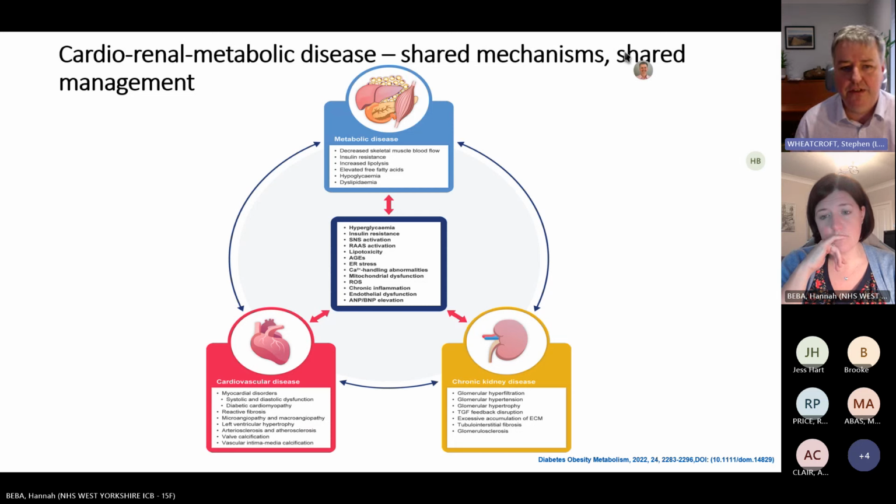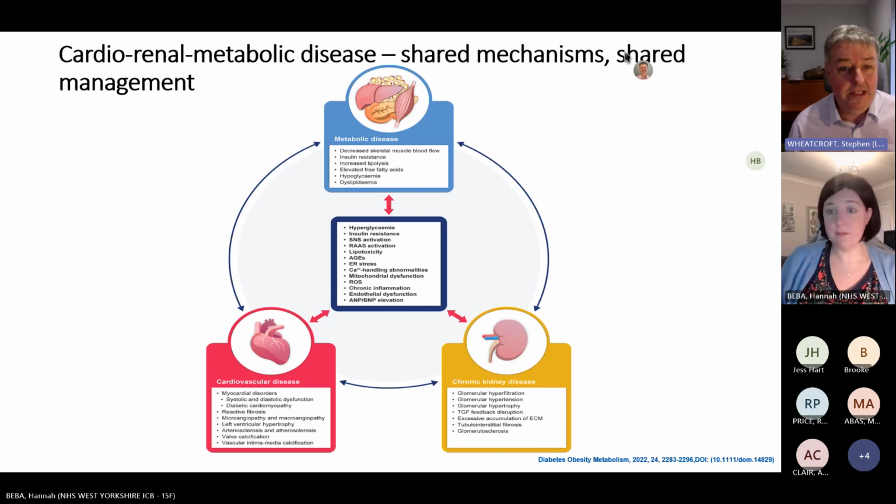So the mechanisms that contribute to these three conditions are shared. And we can see in the center there multiple biochemical and physiological dysregulations, including insulin resistance, sympathetic nervous system activation, dyslipidemia, inflammation, endothelial dysfunction.